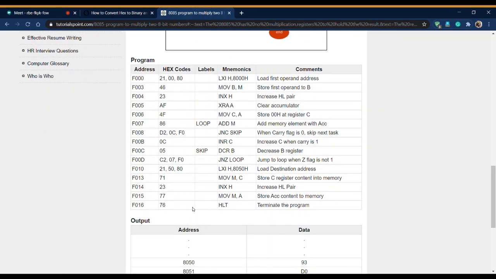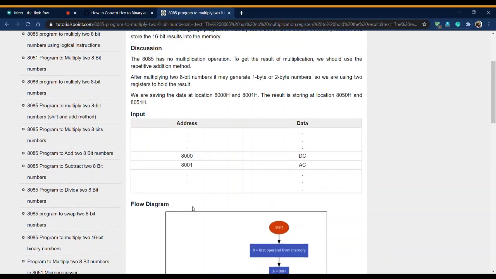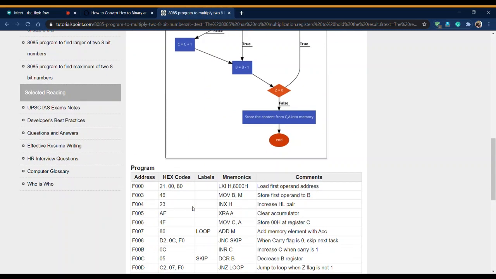We shall be talking about stacks and subroutines in our next class, where you can actually call a part of your program while executing a sequential set of instructions.